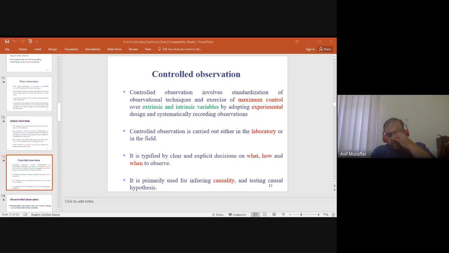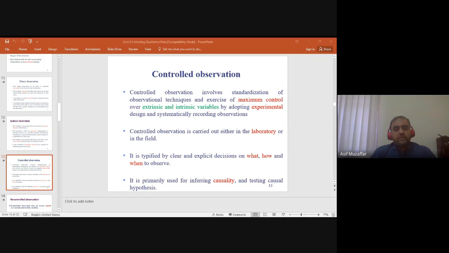Extrinsic means outside, intrinsic means inside or internal. So extrinsic factors are those factors which are related to environment or outside. For example, you are working in your lab, then the temperature of the lab, the surrounding in your lab, or the people coming in and out of your lab are extrinsic factors.